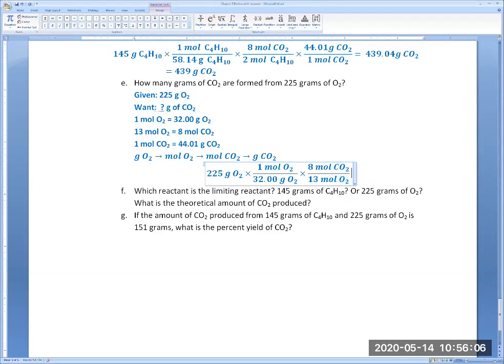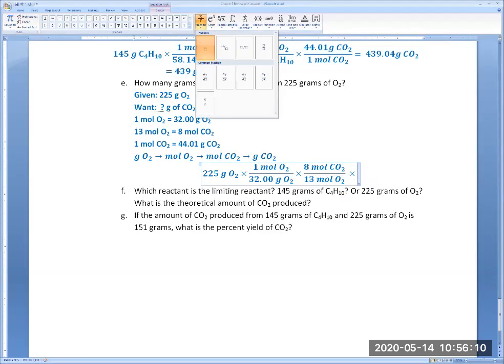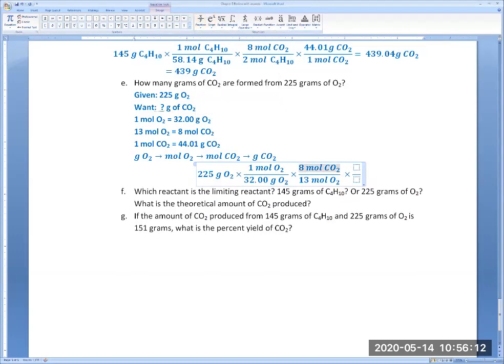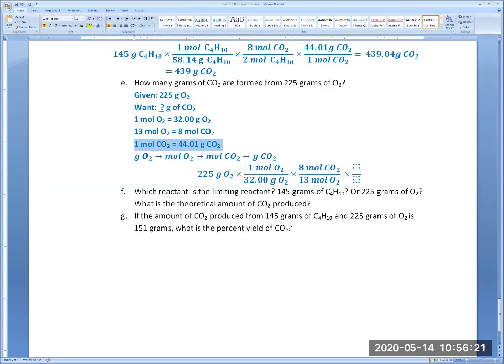So the next conversion factor will have to cancel those moles of CO2 because that's not the unit you want in the end. So the next conversion factor has to have moles of CO2 on the bottom here. And you need to change the moles of CO2 into grams of CO2. So you will use the molar mass of CO2 and place the 1 mole of CO2 on the bottom.